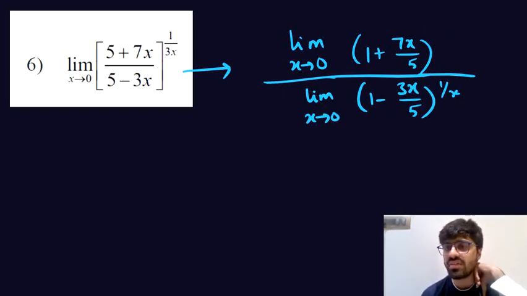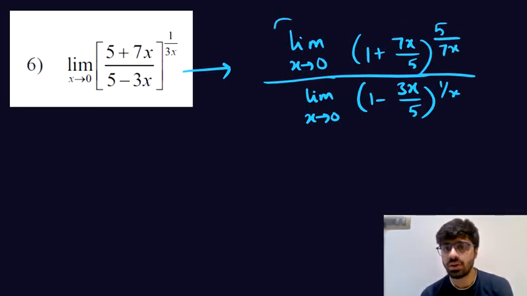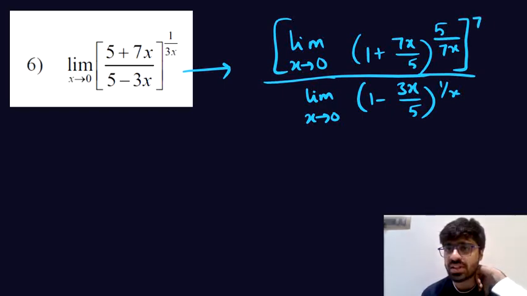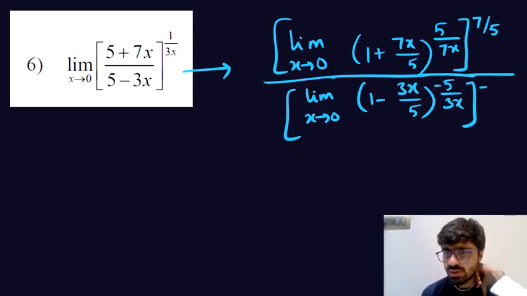Keep in mind, all we have is 1 upon x, but we wanted 5 upon 7x. So we are writing 5 upon 7x here, and to balance the 5 upon 7 that we have introduced, we will write 7 by 5 here. Similarly, in the denominator, the power will be written as not 1 by x, but as minus of 5 upon 3x, basically the reciprocal of this. So to balance that minus 5 upon 3 that we have introduced, we will write the power as minus 3 by 5.